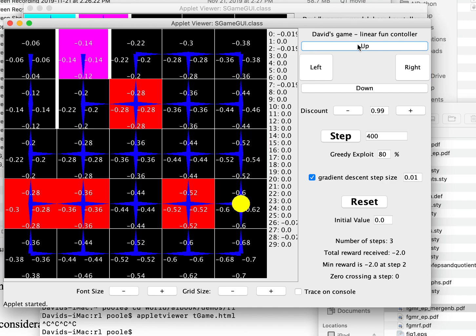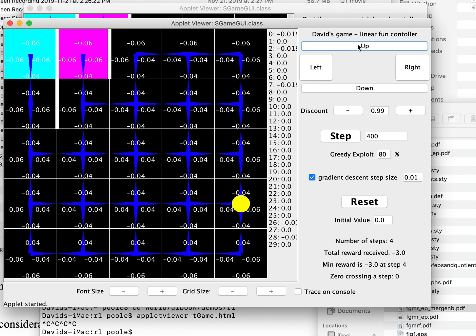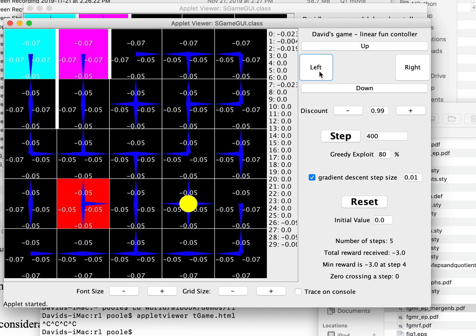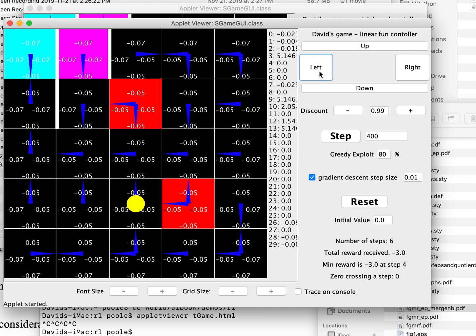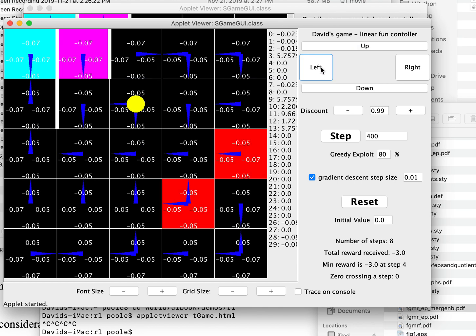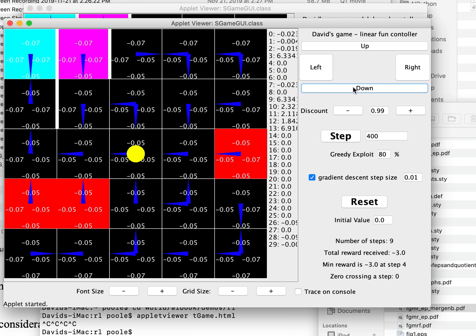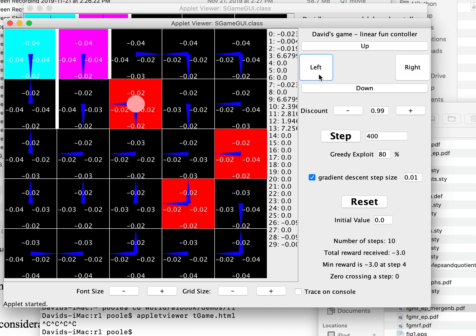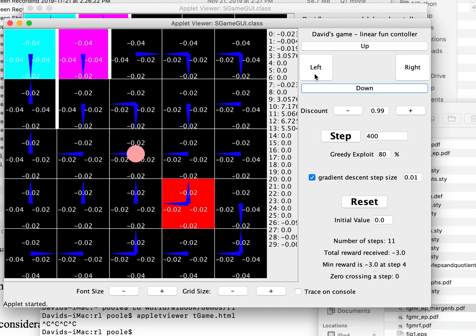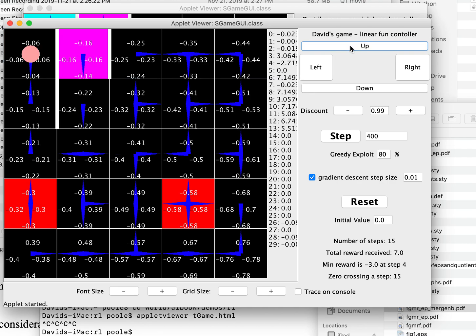Okay, so we go up here and up here, and we go left here. We go left here. Now we go up here, left, left, up, up.